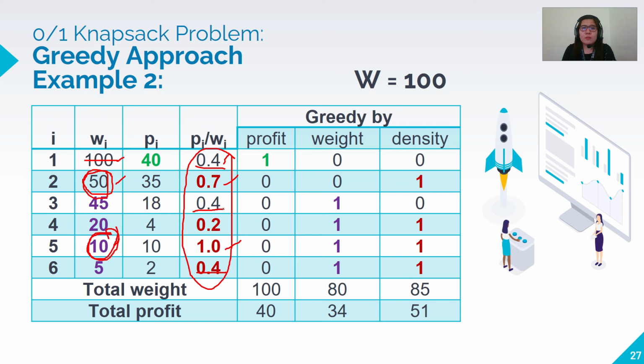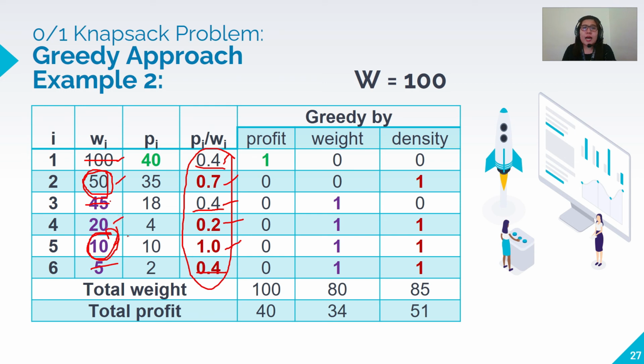How about this one? We have 0.4 again. We have 45. 40 and ito ay 45. So, sobra pa rin ito. So, it will not be included. We have 0.4 here. We have 5. So, lesser, kumbaga. So, 40 minus 5, we have 35 remaining for the capacity. So, since hindi na pwede yung items 1 and 3, kukunin na natin yung natitirang profit density na 0.2, which has the weight of 20.